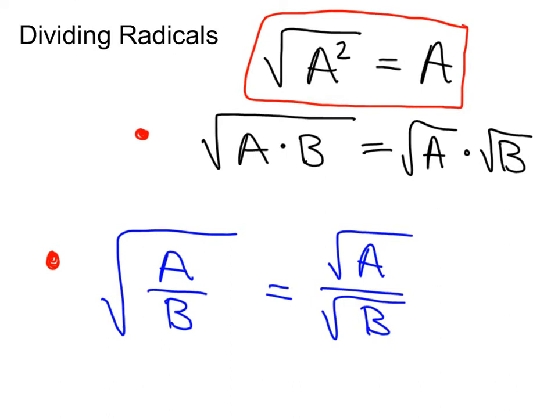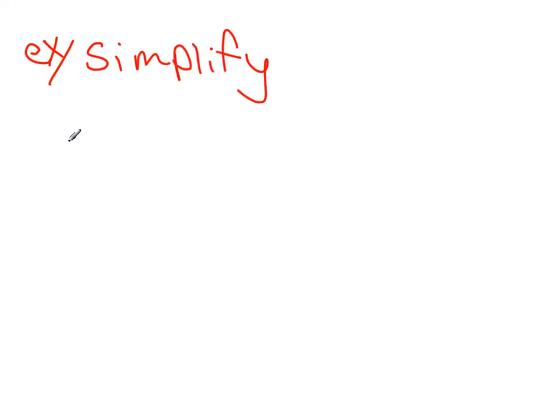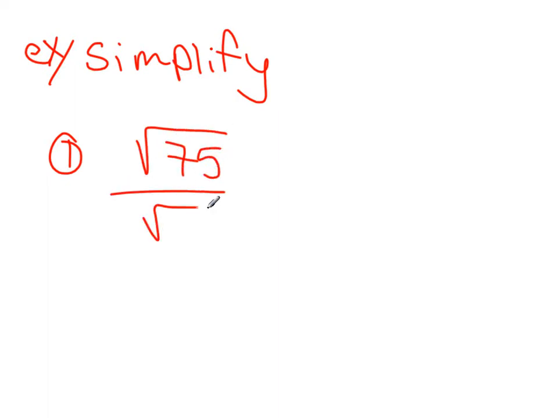So to start us off, let's start off with a nice problem that asks us to simplify. And we have the square root of 75 divided by the square root of 3. There's a couple different ways you can try tackling this. Like, you can simplify the square root of 75 and see if anything could cancel out.